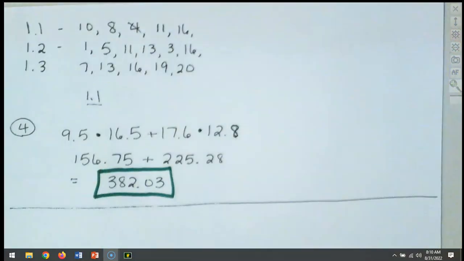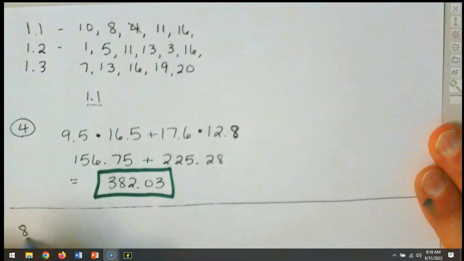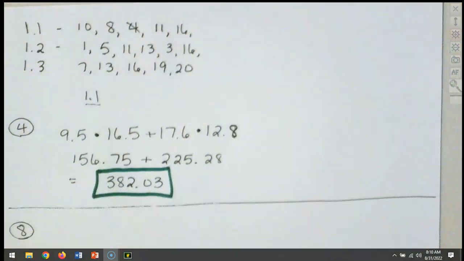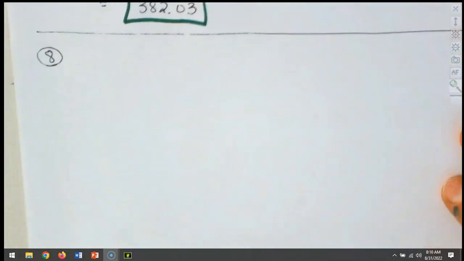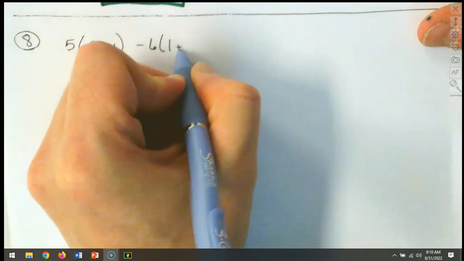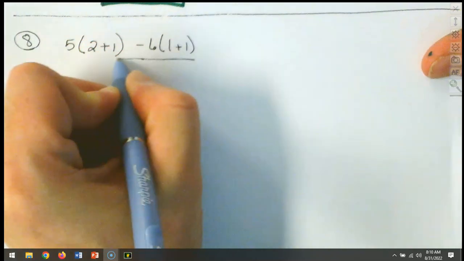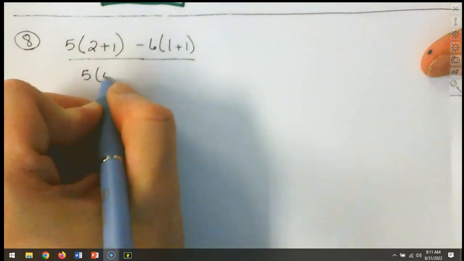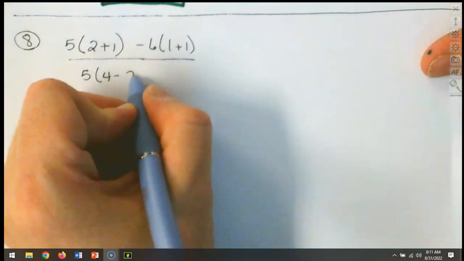Now we're going to look at question 8. Question 8 has a lot of things going on, and it looks more complicated than what it actually is. In mathematics, what we try to do is take something that looks complicated and break it up into smaller parts, simplify it down, and then make it easier to work with.